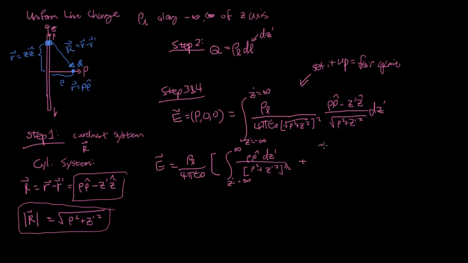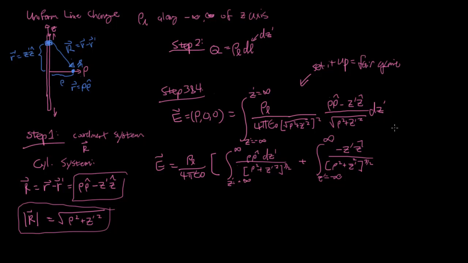And then we also have another term, z prime goes from minus infinity to infinity of minus z prime z hat, same thing, rho squared plus z prime squared to the 3/2 power.